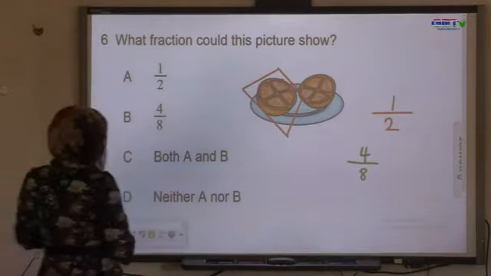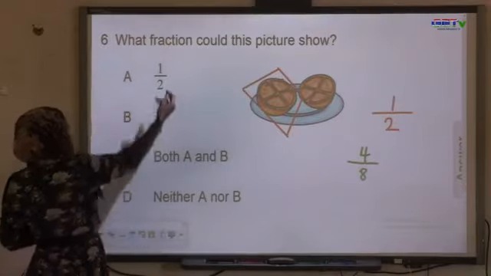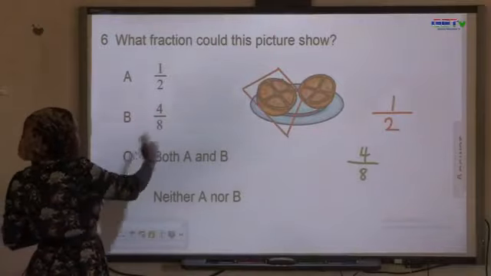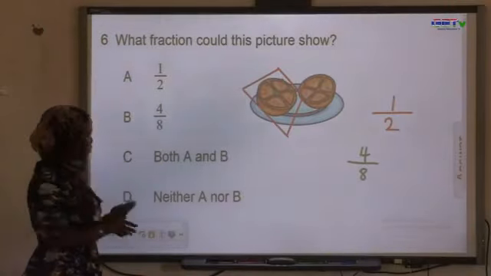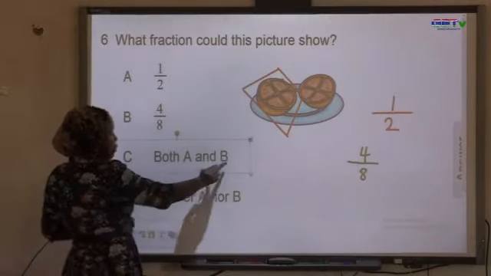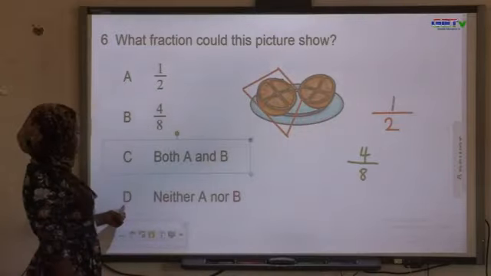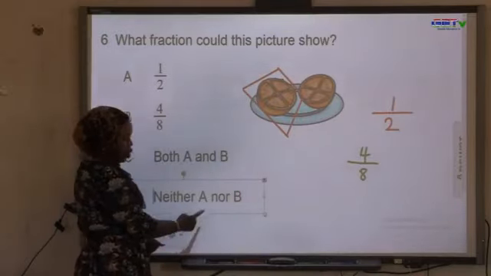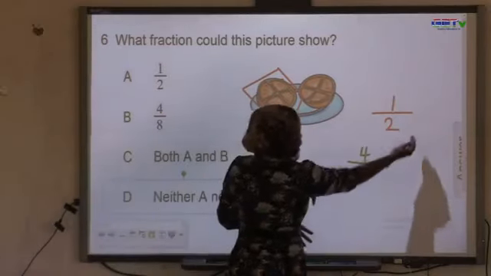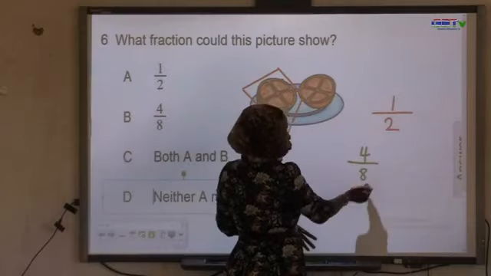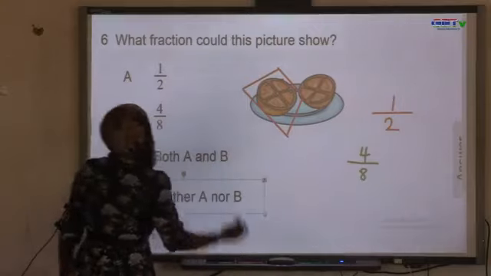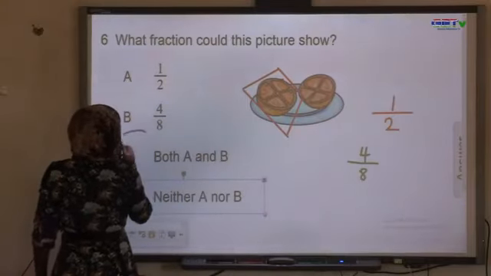Now let's look at the options. Option A is half. Option B is 4 over 8, which is 4 eighths. Option C is both A and B. And option D is neither A nor B. But we have half and 4 eighths, which means option C is right.